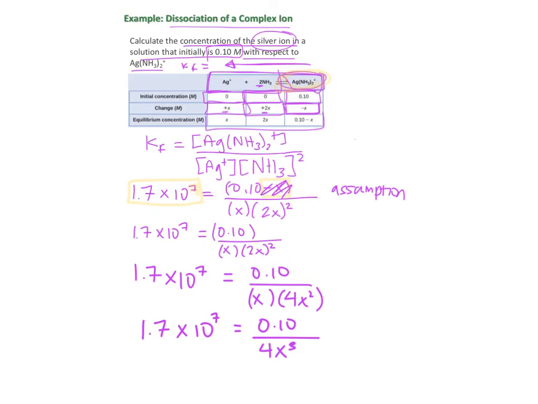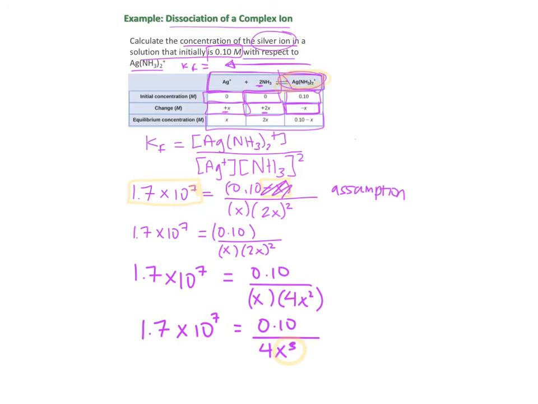So I would solve for this through a little algebra trick. We could go through multiplying each side and dividing in order to isolate this x cubed that is in the denominator. But something faster that you can do is switch sides.